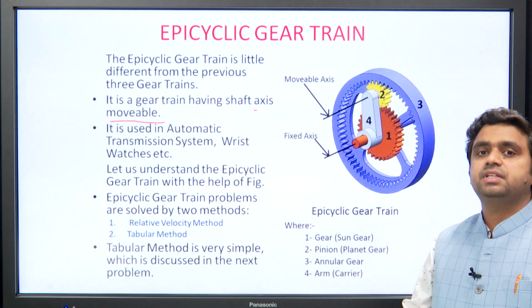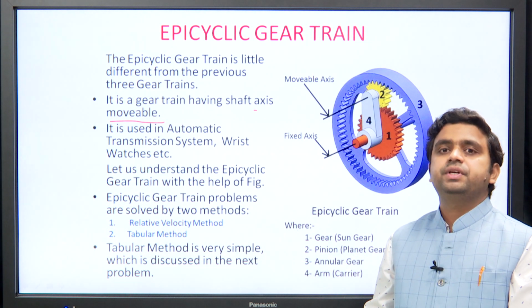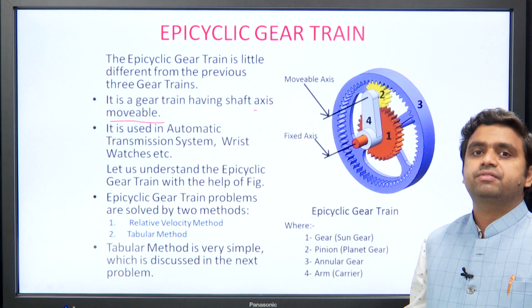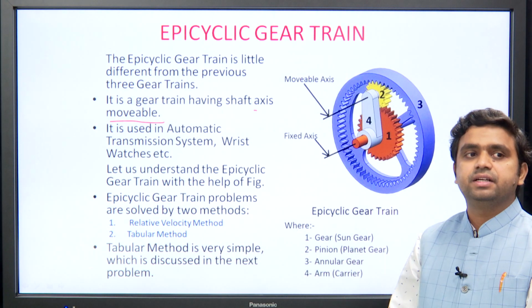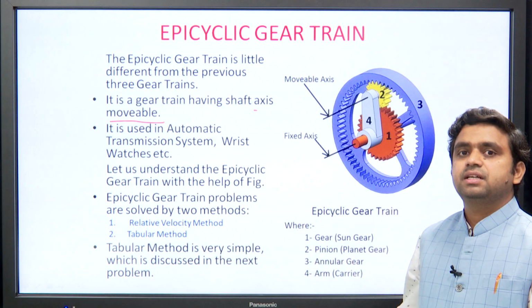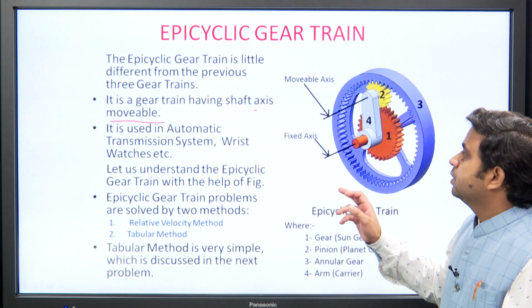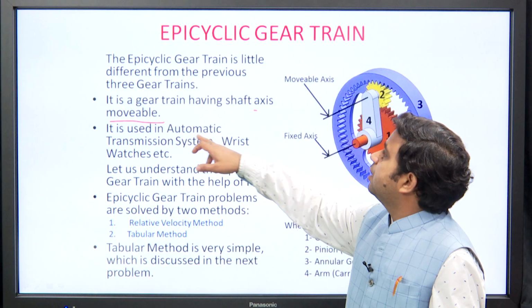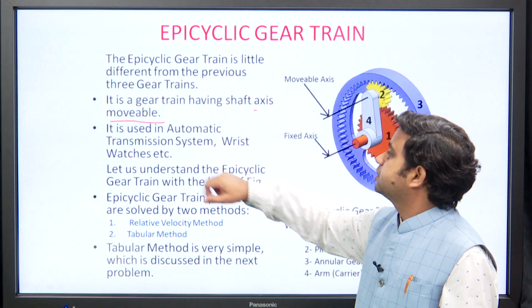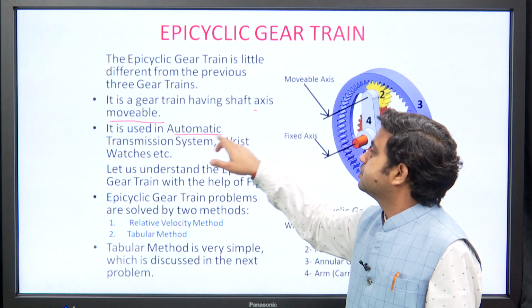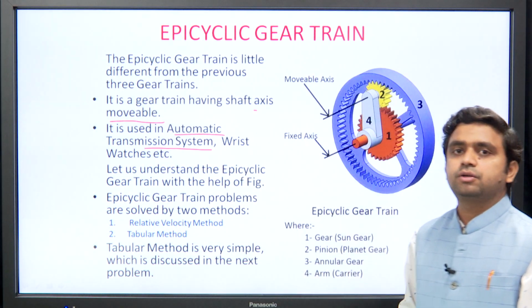In the previous 3 gear trains, we observed that no shaft axis was movable, but in the epicyclic gear train, the shaft axis is movable. And applications of the epicyclic gear train are wristwatches and the automatic transmission system of an automobile.